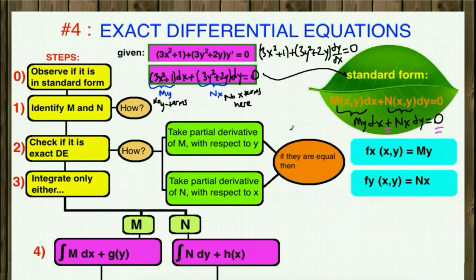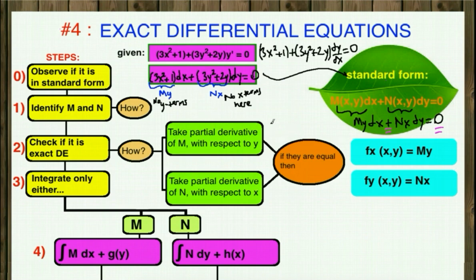If it is not exact, we don't need to continue. So how are we going to check? We take the partial derivative of M with respect to y and the partial derivative of N with respect to x. If they are equal, then it is exact. If not, it is not.